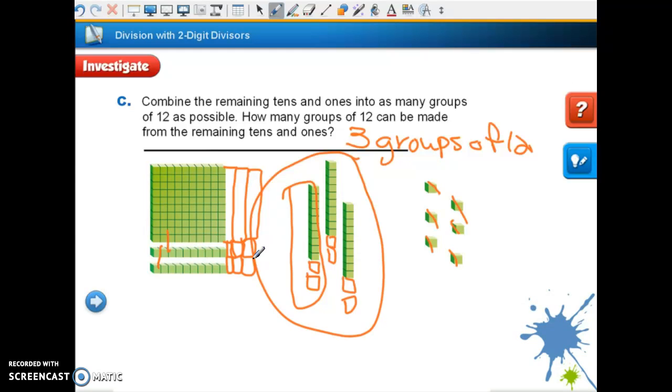So it kind of makes an array, a what by what array. How many across are there? 13 groups of, how far down? 12. Okay.